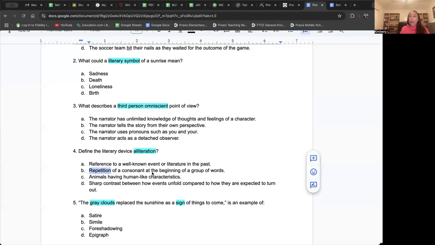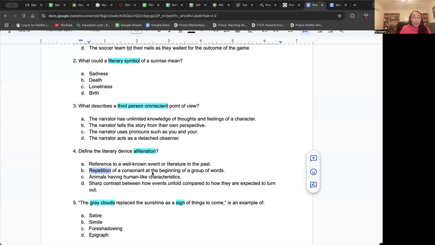That p, p, p, p, the letter P at the beginning of every word. Alliteration just kind of sticks out and kind of slaps you in the face and says, like, pay attention to me. And it can sound cute. It can even sound a little bit annoying in the middle of a story, but it definitely gets your attention. So mission accomplished.